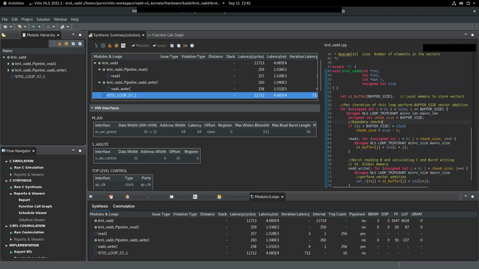Otherwise, once you invoke this kernel, it takes around 8,000 clock cycles to finish. And then you can call this kernel again with a different set of input. Are you with me here?